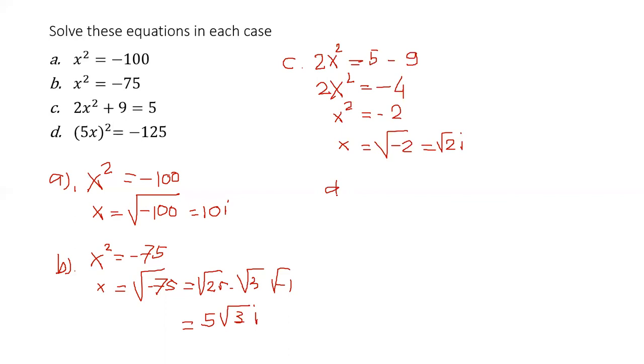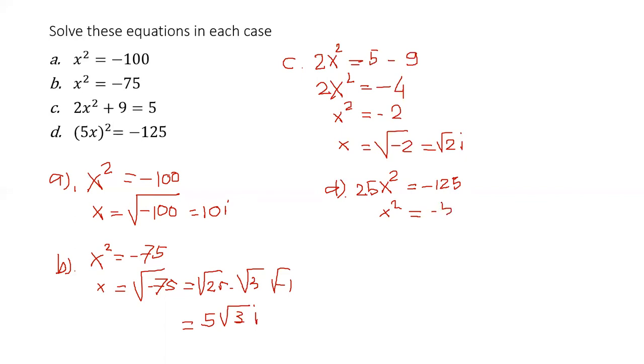So our d: 25x squared equals negative 125. So x squared equals negative 125 divided by 25 equals negative 5.